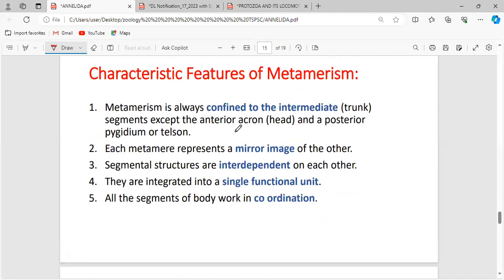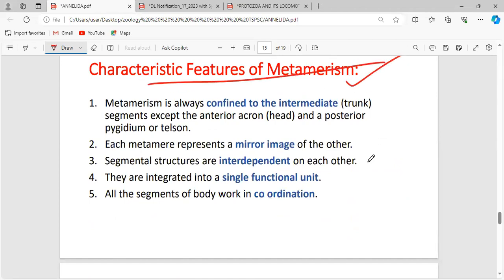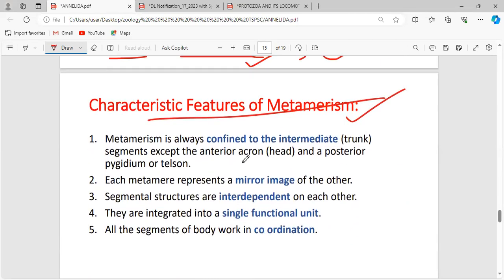Clear? Now, what are the characteristic features of this metamerism? Metamerism is always confined to the intermediate segments. Intermediate segments are what? They neglect the head region and the tail region, and the body region, that is the appendages or the intermediate region or the trunk region.